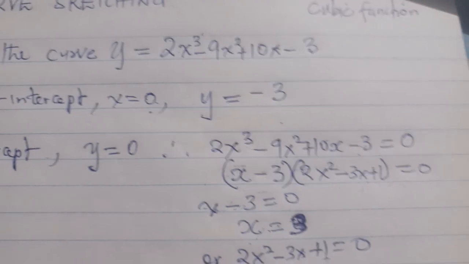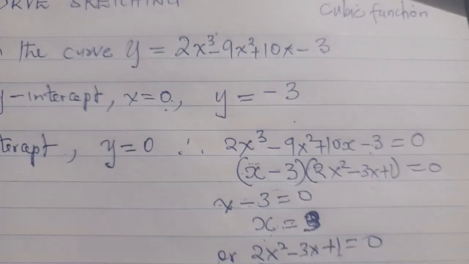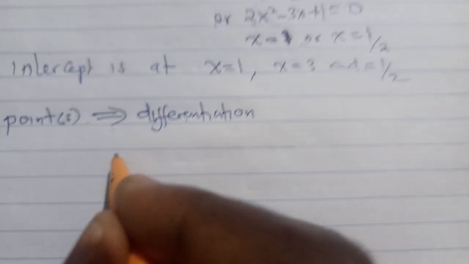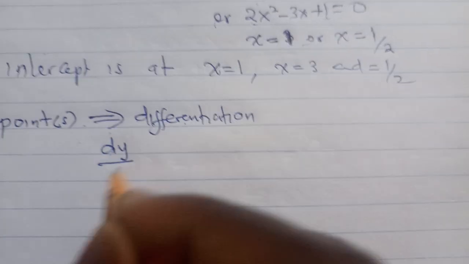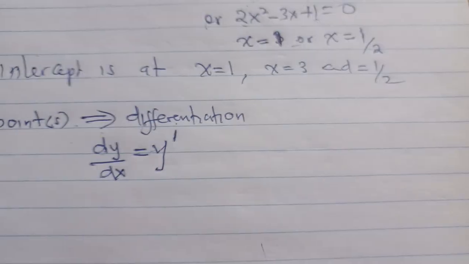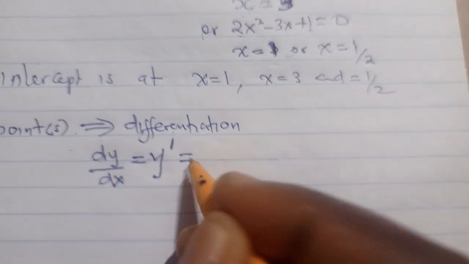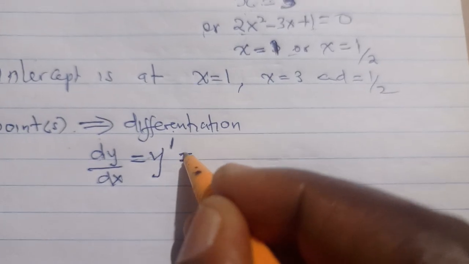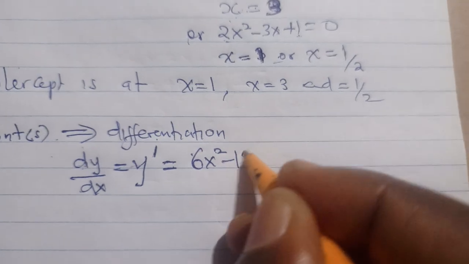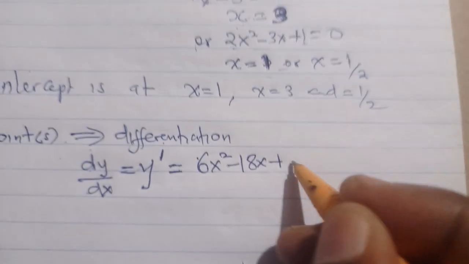So we find the derivative, or what we call differentiation. Now in this case, this is our function as we were given. So the derivative, which is written as dy/dx, which can also be denoted by y prime. If you check again your differentiation, so if our function is as what we have there, then the differentiation will be 6x squared minus 18x plus 10.